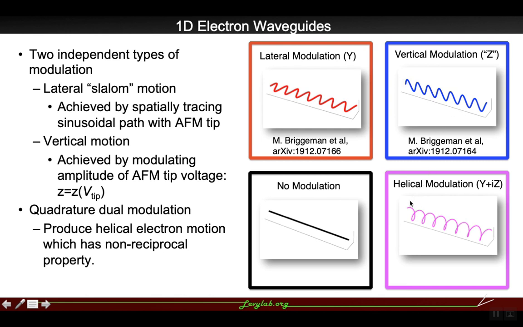When I combine them, it becomes a helical modulation, which is also a non-reciprocal nanostructure, so it could show some non-reciprocal properties.